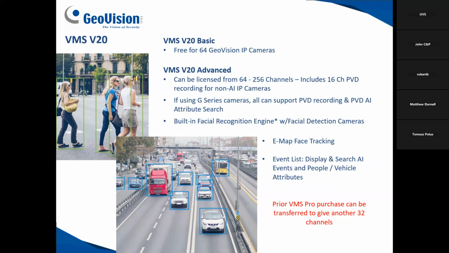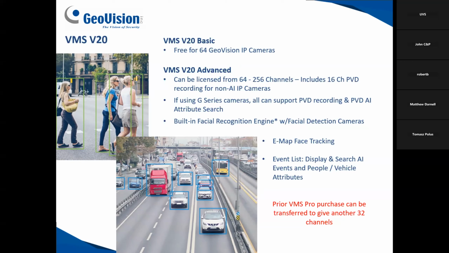If you have G series cameras, they have the highest level of analytics. You can do things like clothing color search, vehicle data search, and then certain analytics such as line crossing, loitering, and so on. Older GeoVision cameras, such as the TVD series and TBL series, will also have their analytics supported in the VMS V20 Advanced license as well.